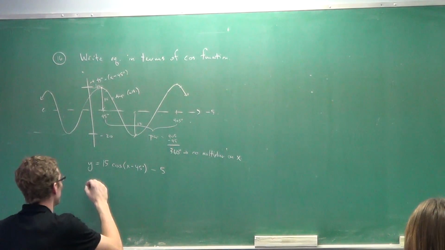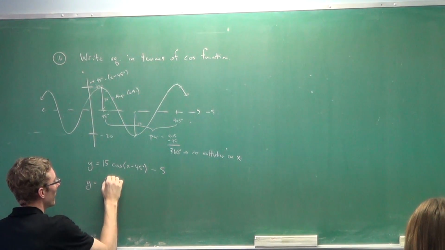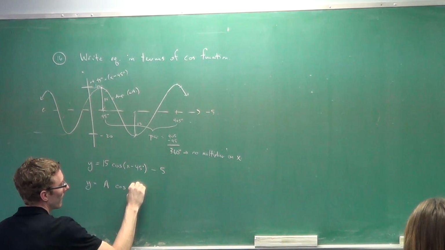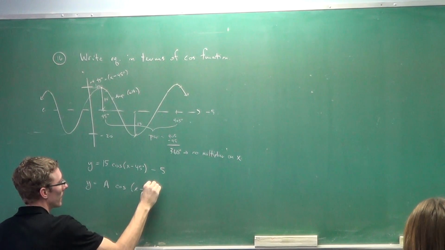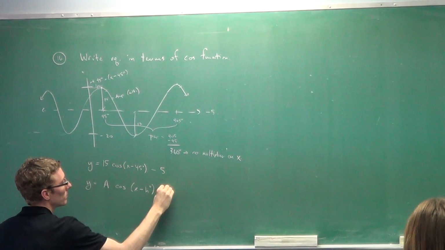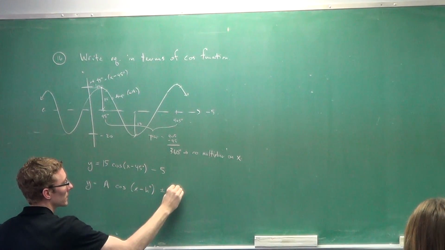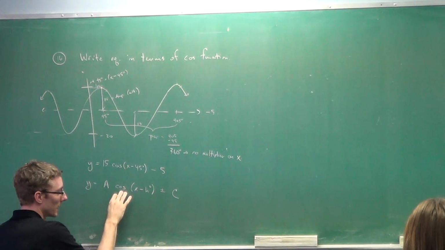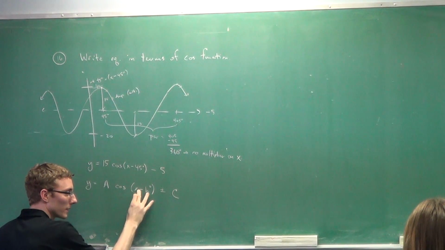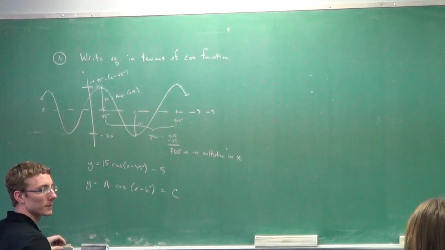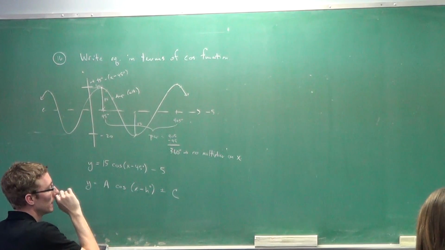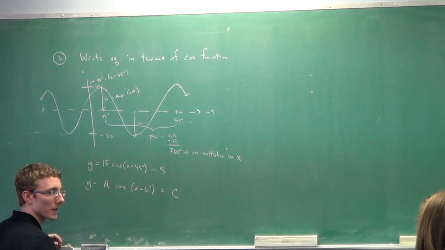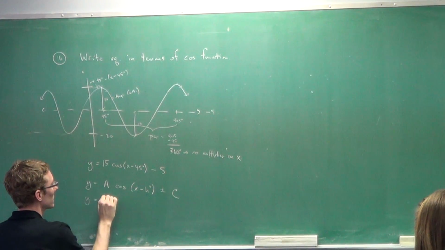I'm trying to remember here how this works. Sometimes you'll see this written as a cosine of x minus h degrees plus or minus c. Sometimes you'll see it written like that, where A is amplitude, cosine, horizontal shift, H for horizontal, and C for center line. So the A reminds you of the amplitude and the C reminds you of the center line. Sometimes you'll see it written like this too.